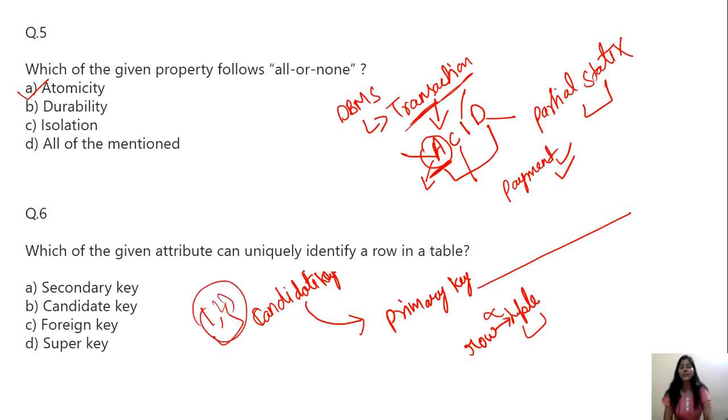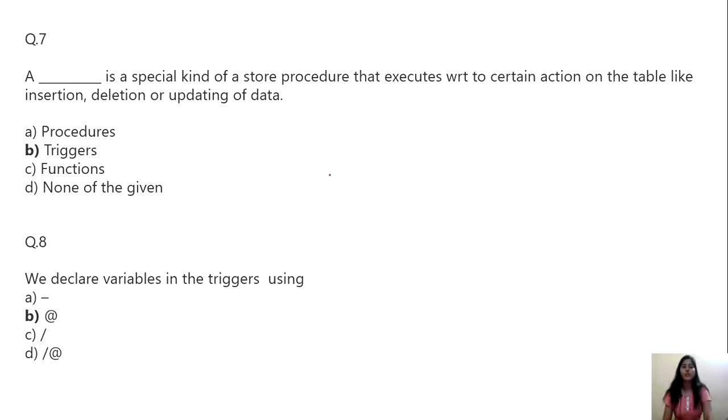For example, let us suppose out of them, only one key is considered as primary key, right? So what we can understand by this is that the correct answer for this one is going to be candidate key. That candidate key can uniquely identify a row in a table. Let's move to the next question now.